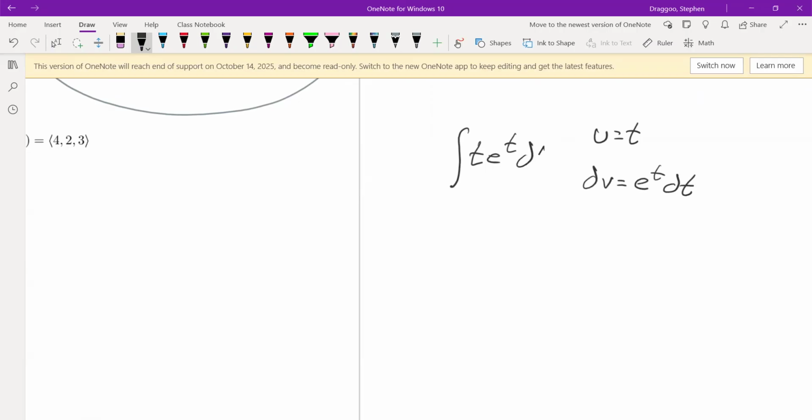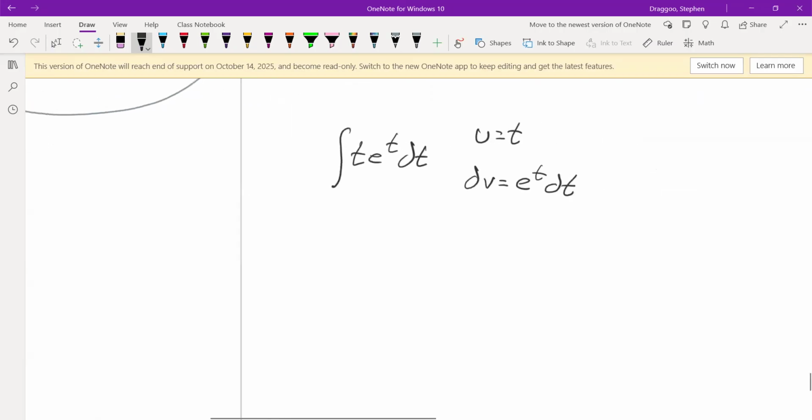Don't forget your dt, you dummy. Over here, that's going to make dv, I'll slide it that way. That's going to mean that v is e to the t, and du is dt.